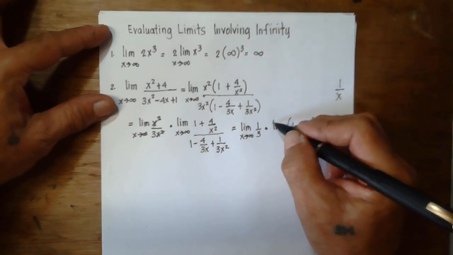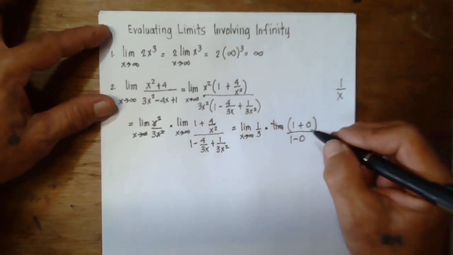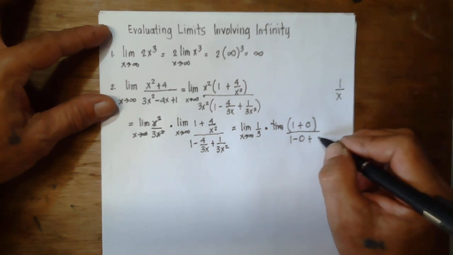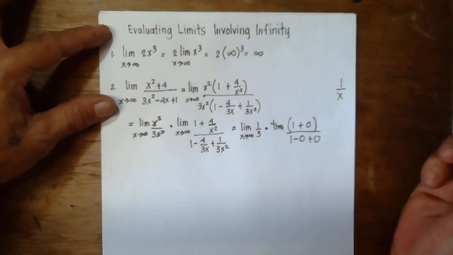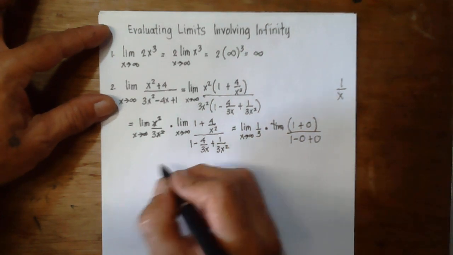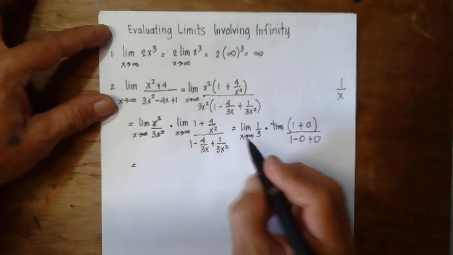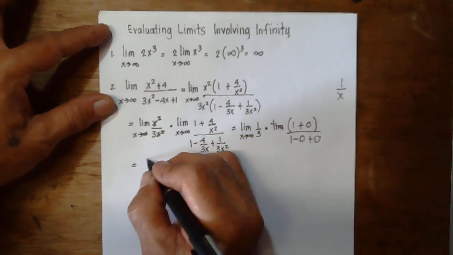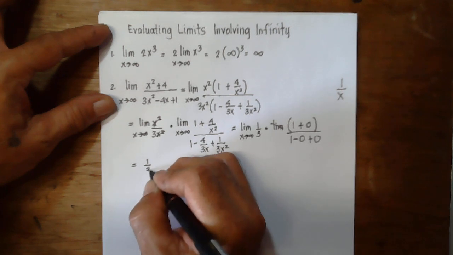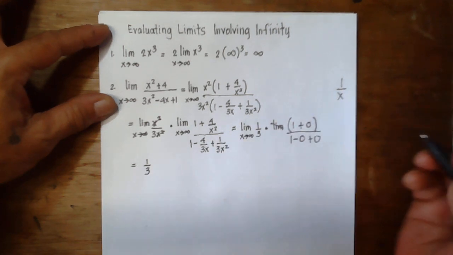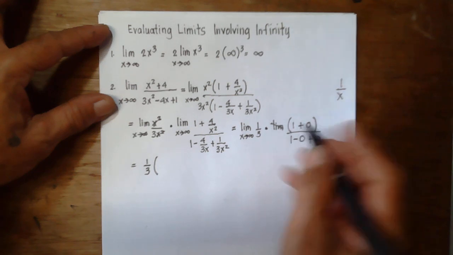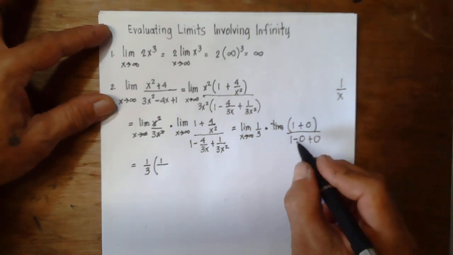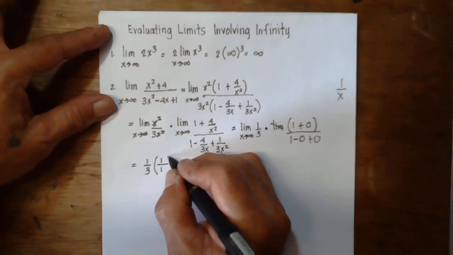So we are now into substitution, so we might as well erase this limit statement here. Plus 1 over 3x squared, again this is a 0. So here we have the limit of a constant, which is 1/3, times 1 plus 0, we get 1 for the numerator, and 1 minus 0 plus 0, we get 1 again.